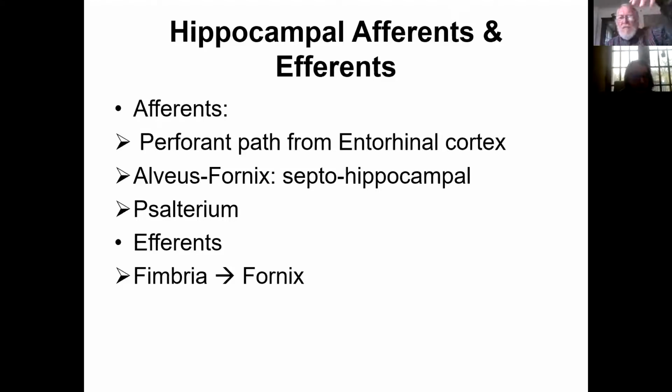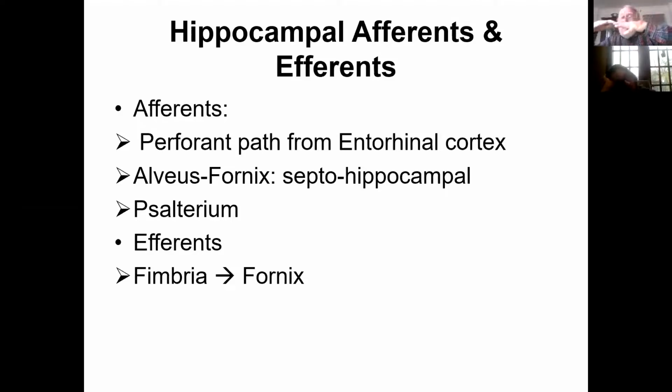So all of this entorhinal cortex is giving all of these tertiary visual, tertiary auditory, tertiary somatosensory inputs coming into the entorhinal cortex, and the entorhinal cortex feeding into the hippocampus.